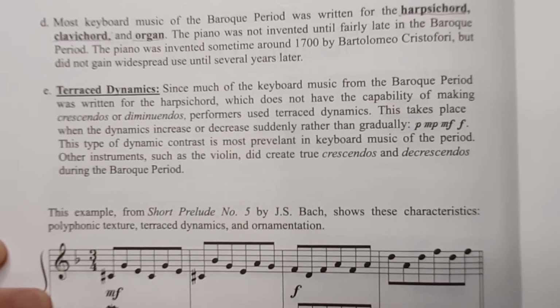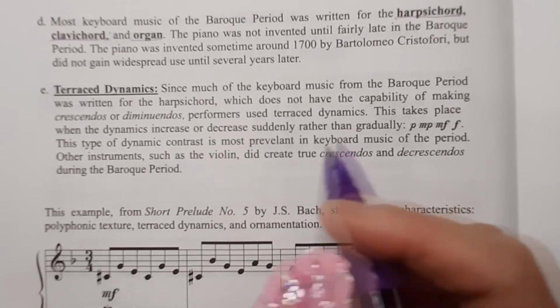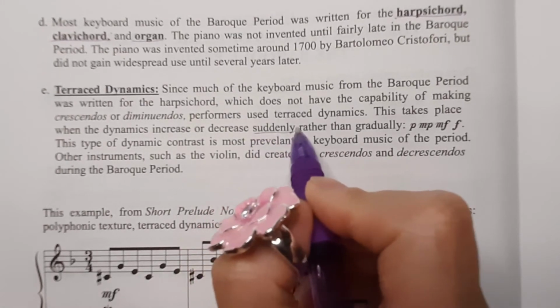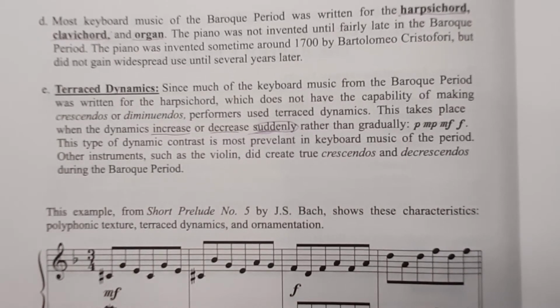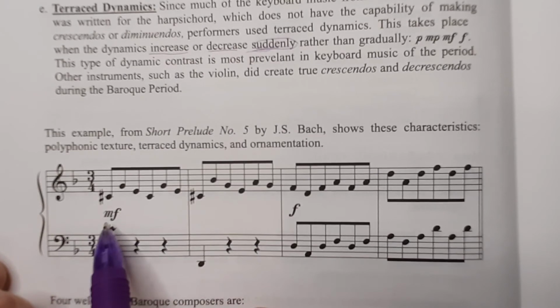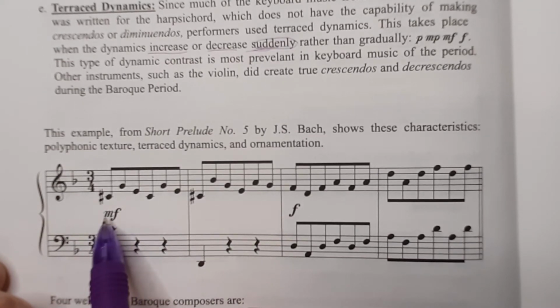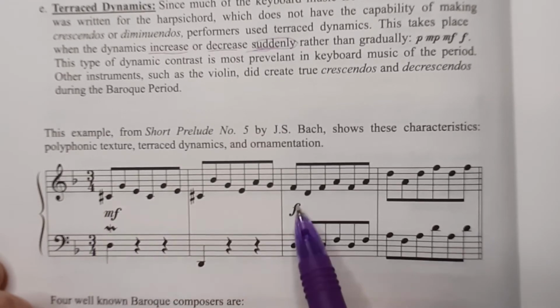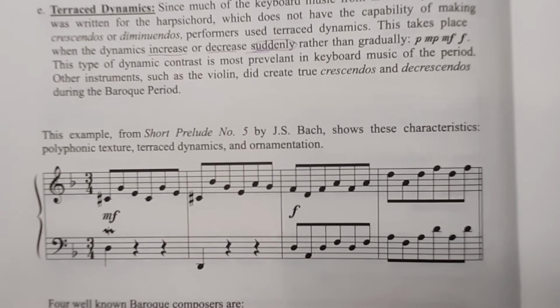Terraced dynamics: it's not gradual, but sudden. Increase or decrease suddenly. So you go ahead and write dynamic signs like MF, F, P. It's not gradual.